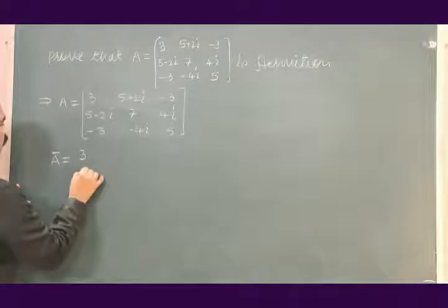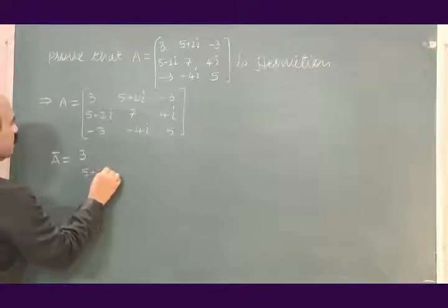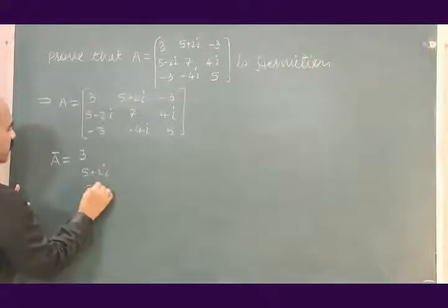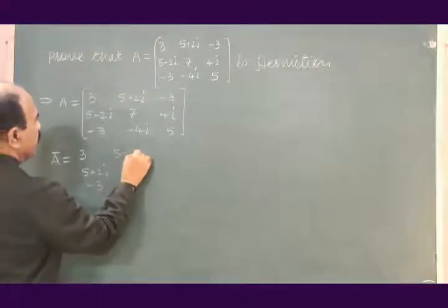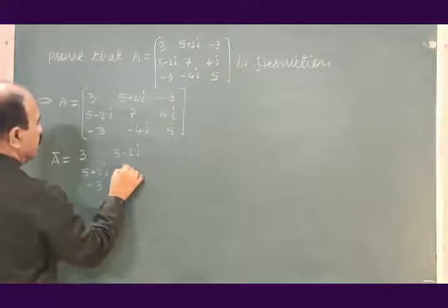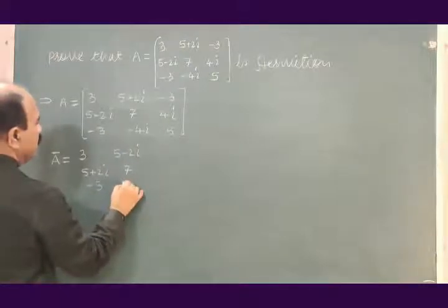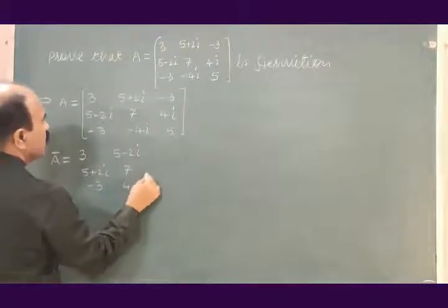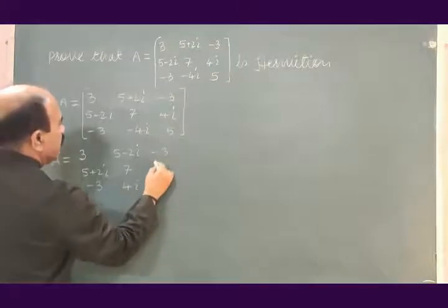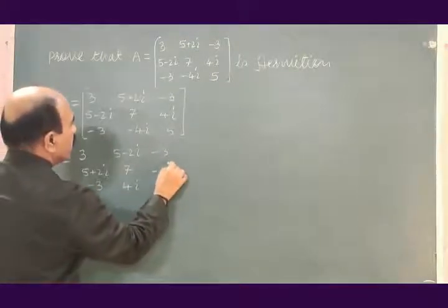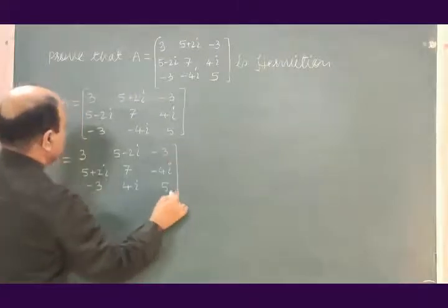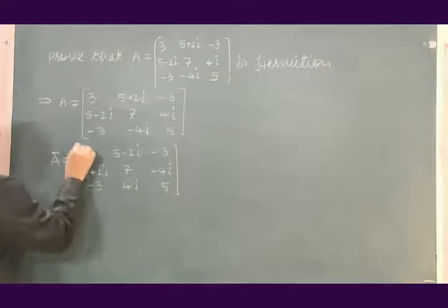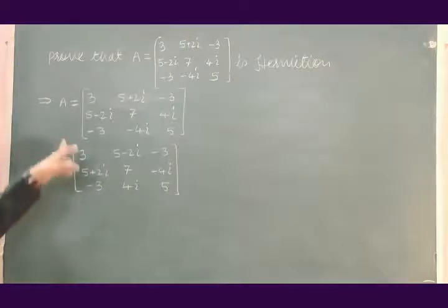This will be 5 plus 2i, minus 3 as it is, 5 minus 2i, 7, plus 4i, minus 3, minus 4i, 5. 3 written as it is, 5 minus 2i written as 5 plus 2i.